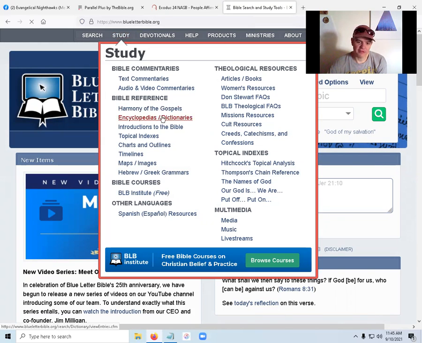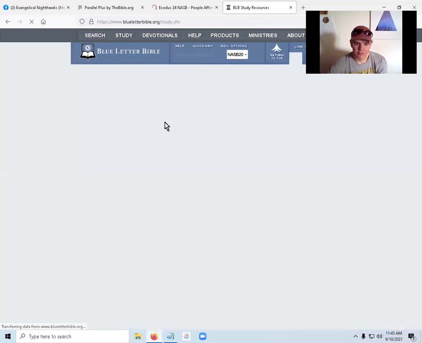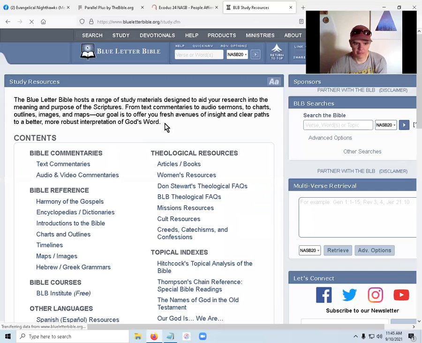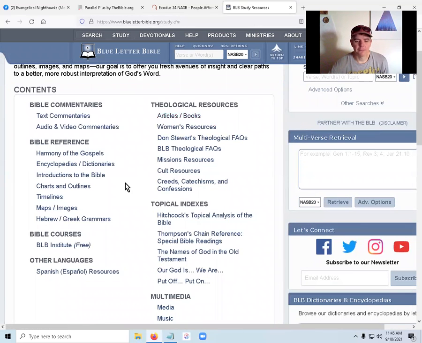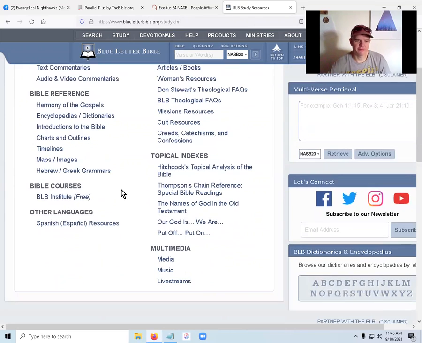Harmony of the Gospels, Encyclopedia of the Dictionaries, Introductions to the Bible. Oh, something happened. What happened? Oh, it went to the commentaries, audio and video commentaries on books of the Bible. Theological resources. See, Blue Letter Bible got lots of good stuff. Maps and images we were looking at earlier.